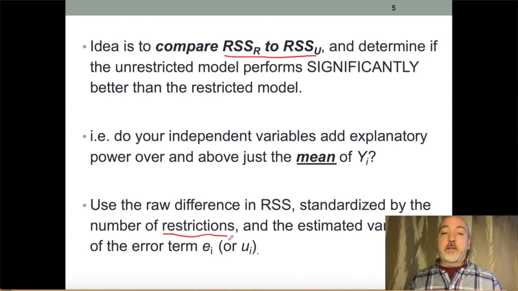We'll talk about that, but that's basically the number of coefficients that we're setting to 0, and standardize that whole thing by our sigma hat squared, the estimated variance of the error term, the e_i or the u_i, depending on your notational preference. But that's all kind of the mathematical requirement for this raw difference to follow a known distribution.